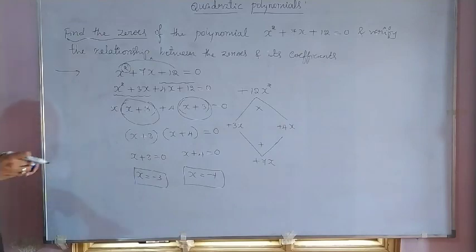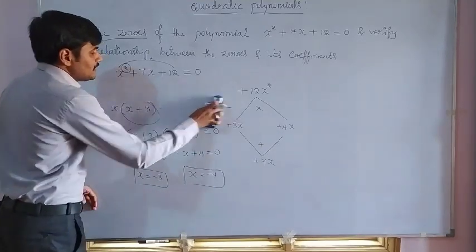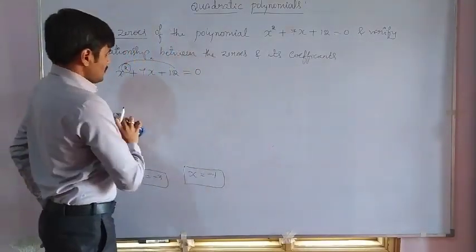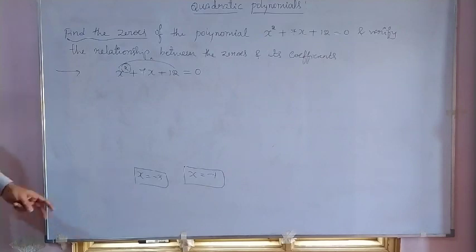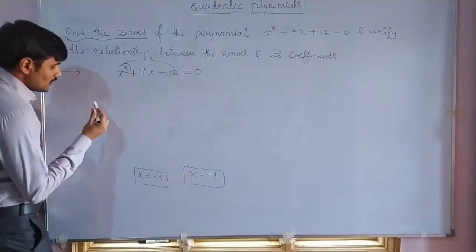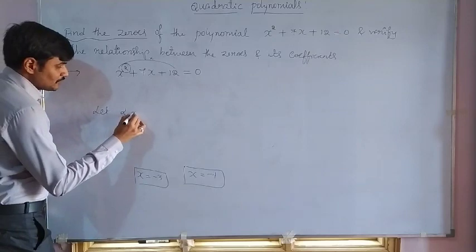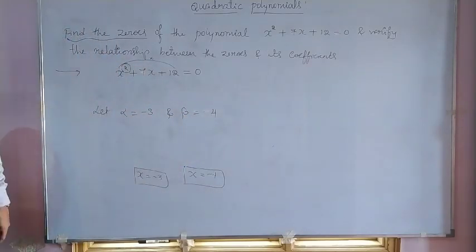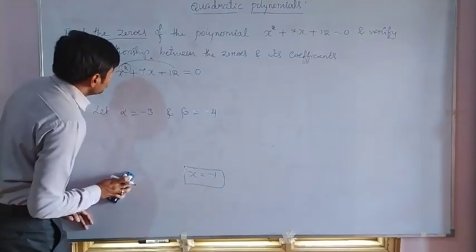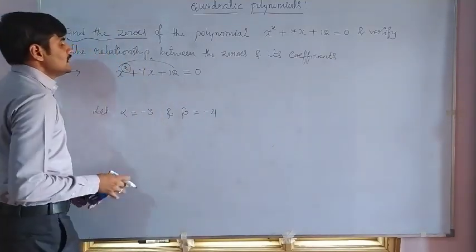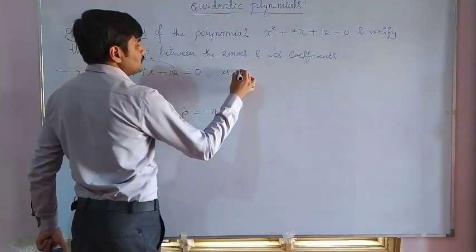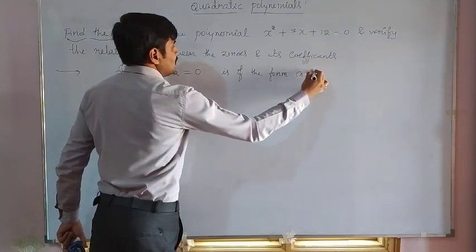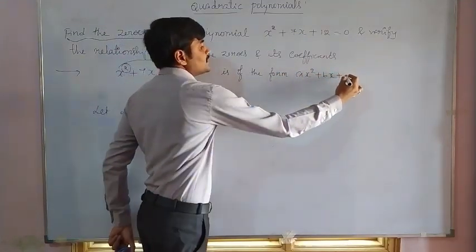Now let's go for verification. In the given polynomial, the two values you got are minus 3 and minus 4. So let alpha be equal to minus 3 and beta be equal to minus 4. Now the given polynomial x square plus 7x plus 12 is of the form ax square plus bx plus c is equal to 0.